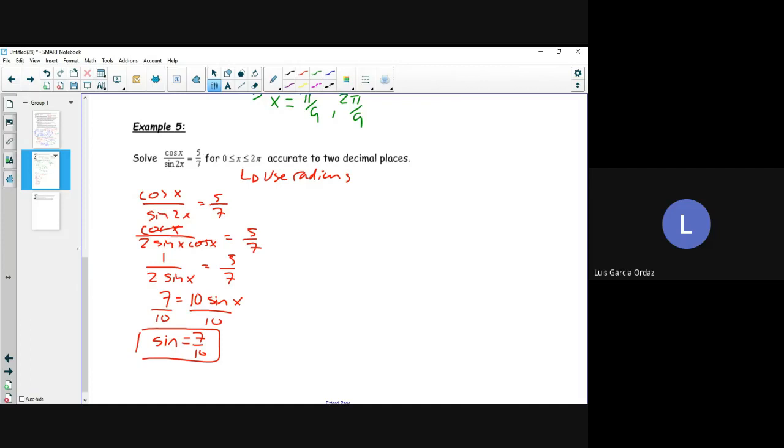And now because it's in radians, we have to change our calculator to radians. So we're going to take the inverse sine of 7/10, and that gives us approximately a radian measure of 0.78. So this measurement is in quadrant 1.